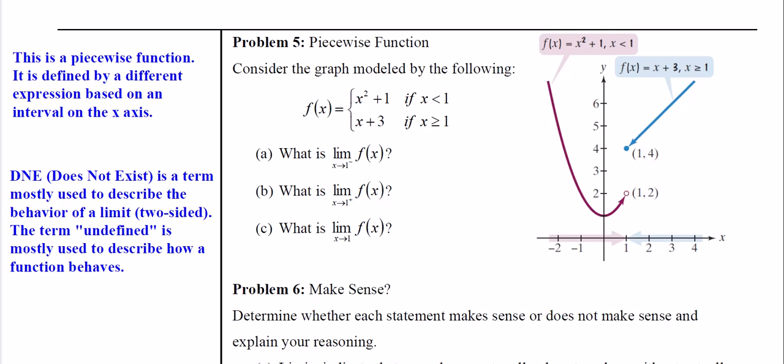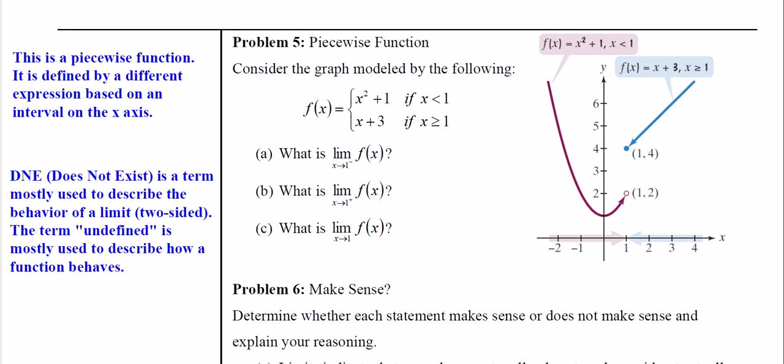So here we have in problem 5 something called a piecewise function. You'll notice that this function is defined by these two expressions right here. And these are conditional. If x is less than 1, the graph will do this. If x is greater than or equal to 1, it'll perform like this. So if it's less than 1, it'll be a parabola. If it's greater than or equal to 1, it'll be a line.